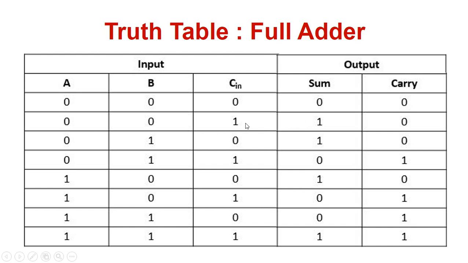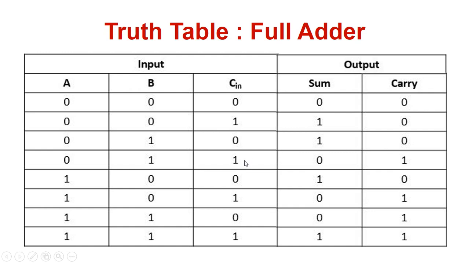Similarly for the next sequence, that is 001, the sum will be 1 and the carry will be 0. The same is applicable with the sequence 010. When we add these three bits, we get the sum as 1 and the carry as 0.